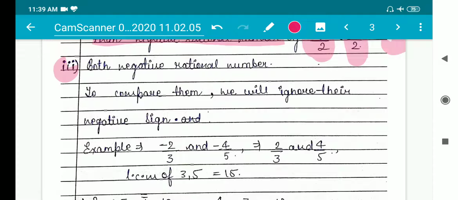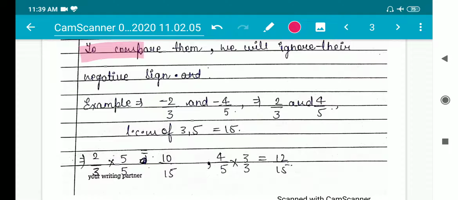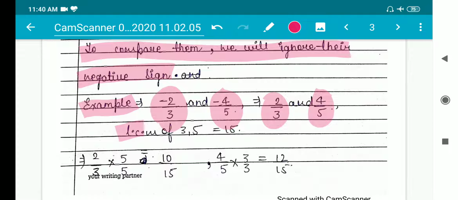Third, both negative rational numbers. To compare them, we ignore their negative signs, like in the example minus 2 by 3 and minus 4 by 5. So we ignore their signs, and there will be 2 by 3 and 4 by 5. We take the LCM of the denominators, 3 and 5, and we get 15.